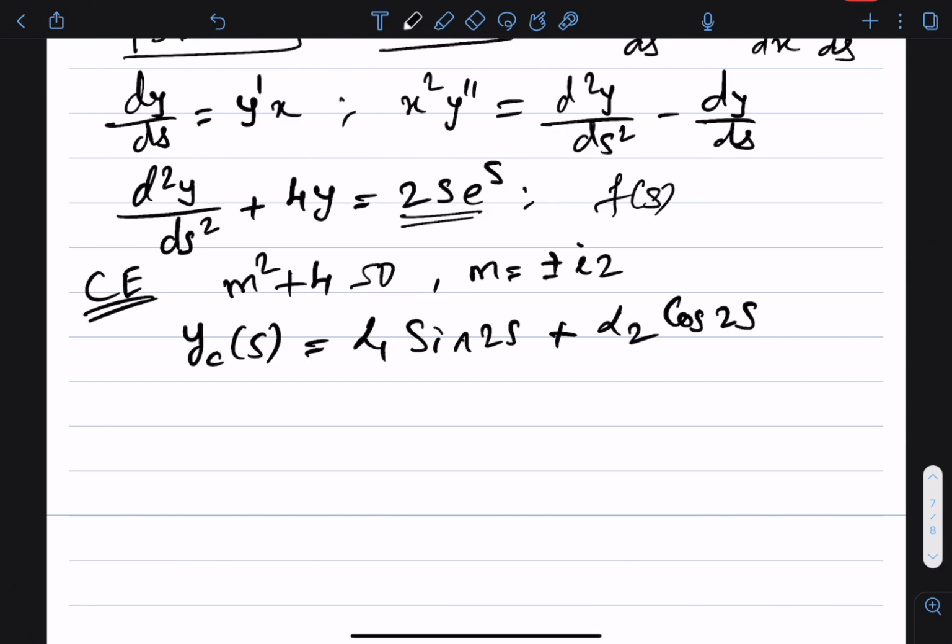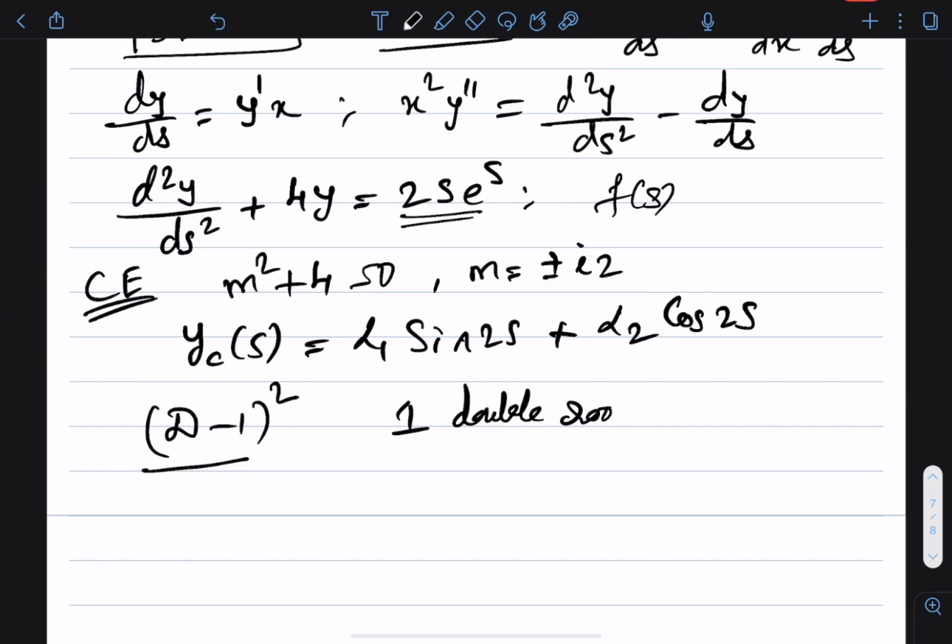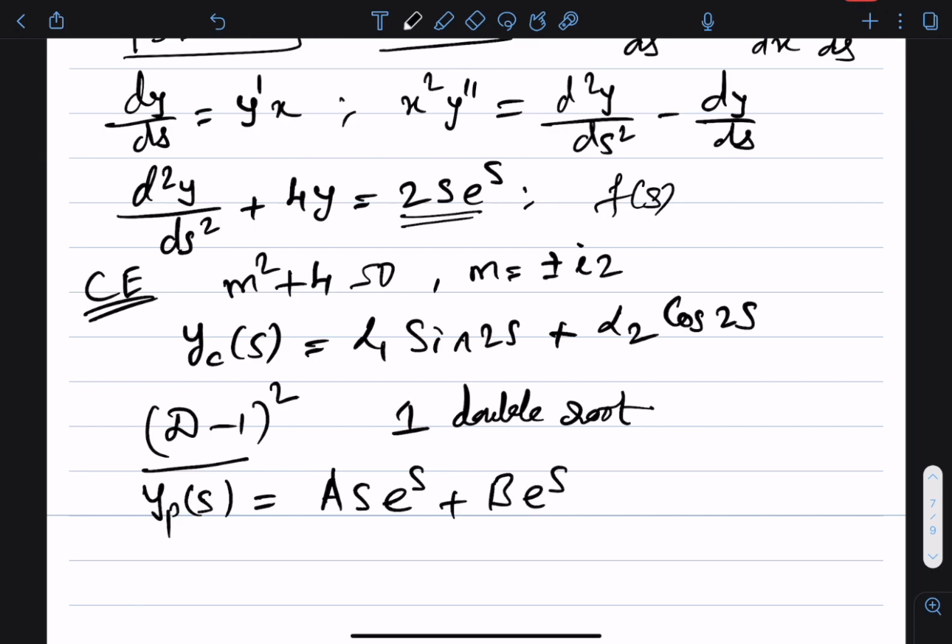Now if you look at the right hand side, the annihilator of that is precisely (D minus 1) whole square, right? And the corresponding root is 1, a double, repeated root, and 1 is not a root of the characteristic equation. So you can look for a particular integral of the form a s e power s plus b e power s, right?